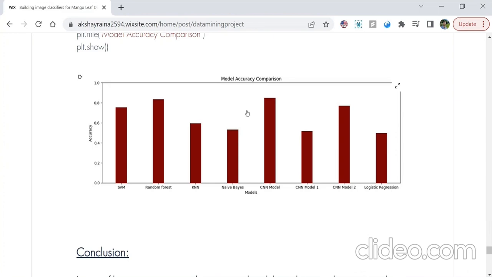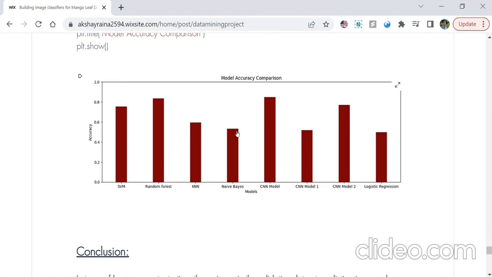The least accuracy was seen in the second CNN model, which I ran on 20 epochs, probably because of overfitting of data.